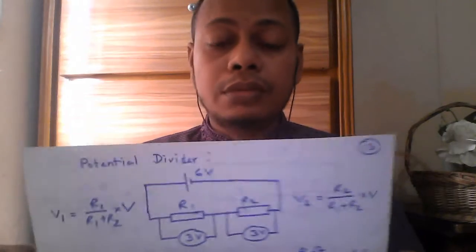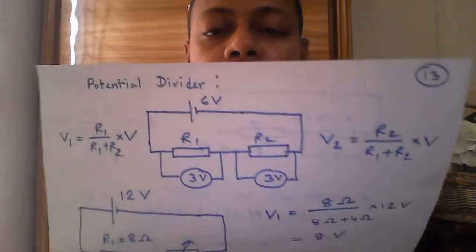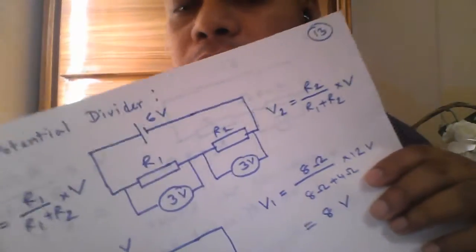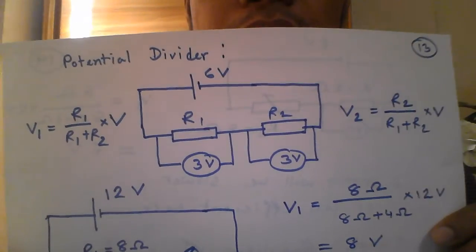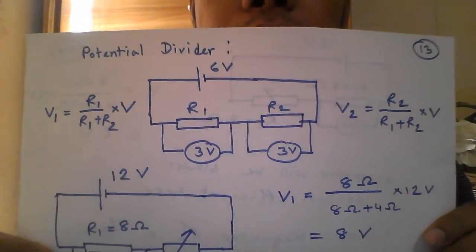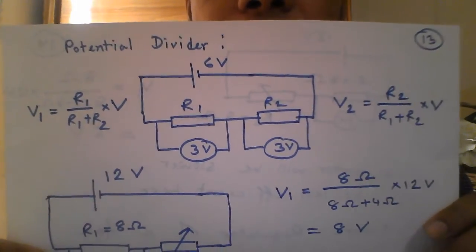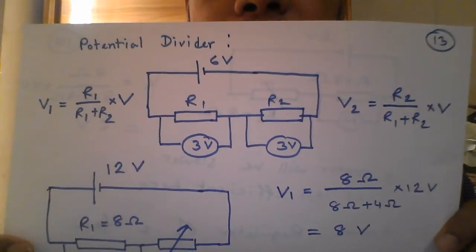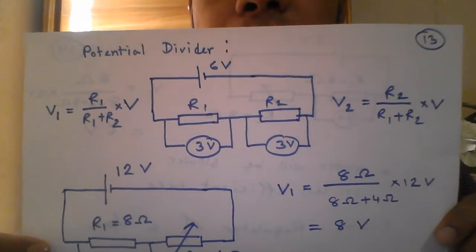Look, here you concentrate on the circuit drawn here. Look at the circuit. The source or the power supply is giving you 6 volt, and there are 2 resistors connected in series, they are identical resistors.